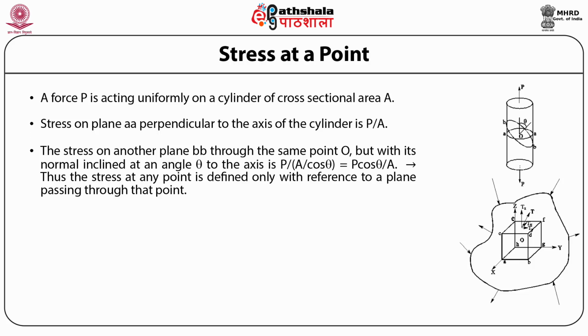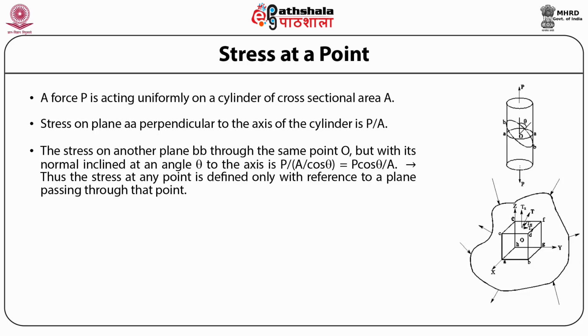This figure shows a simple case in which a uniform force acts along the axis of the cylinder. In a general case, the body can be of an arbitrary shape, so the forces acting on it can act in different directions.